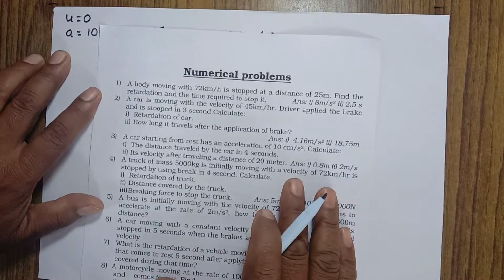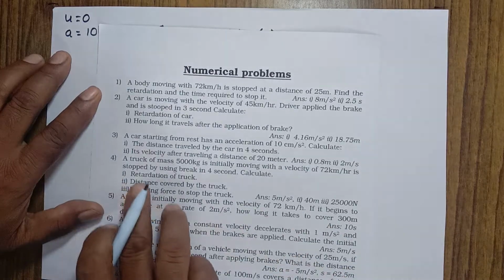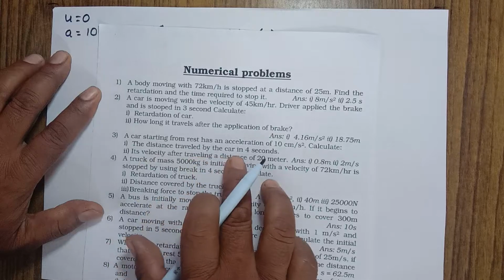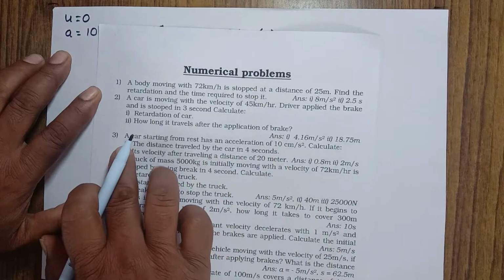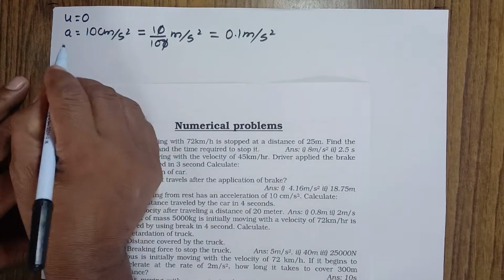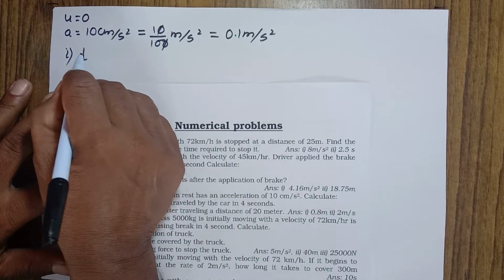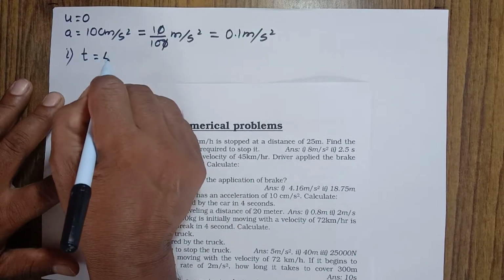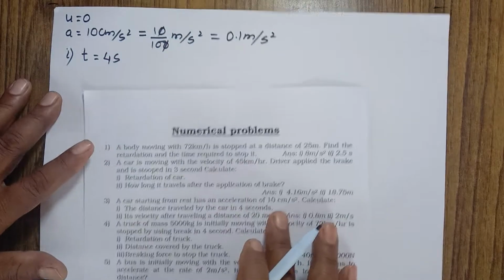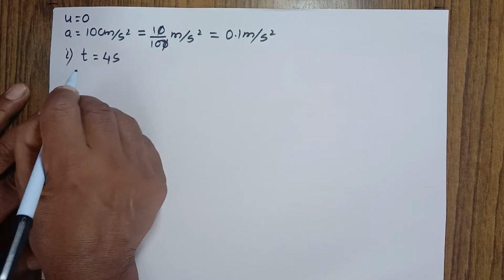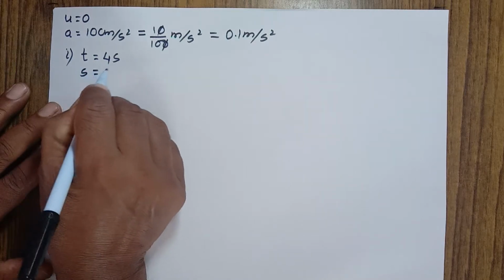Now let's go to question again. Number 3, calculate the distance traveled by the car in 4 seconds. What we have, distance traveled in 4 seconds. One of the information given, t is 4 seconds, and the distance traveled by the car is the question.